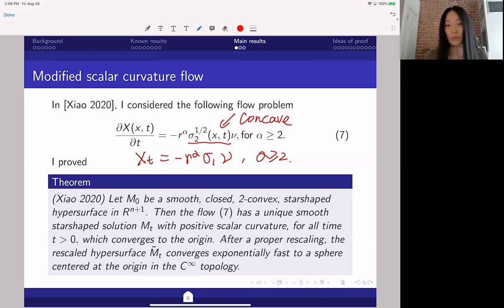After proper rescaling, the rescaled hypersurface converges exponentially fast to a sphere centered at the origin.